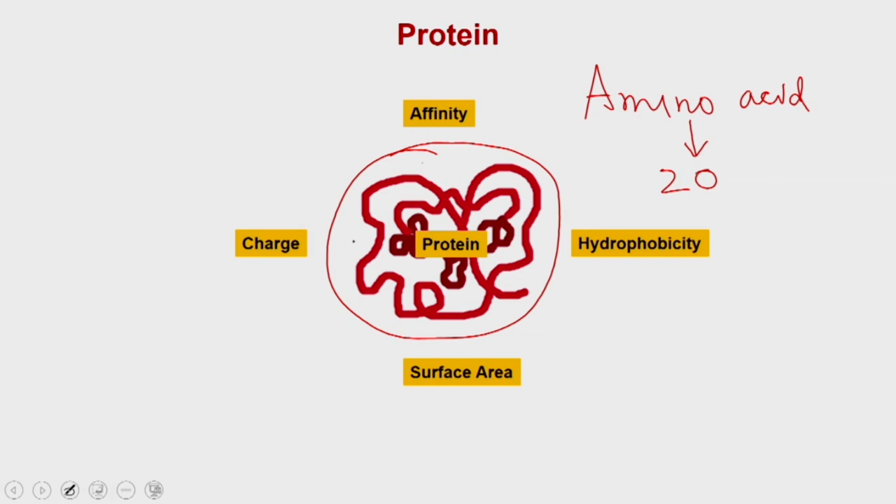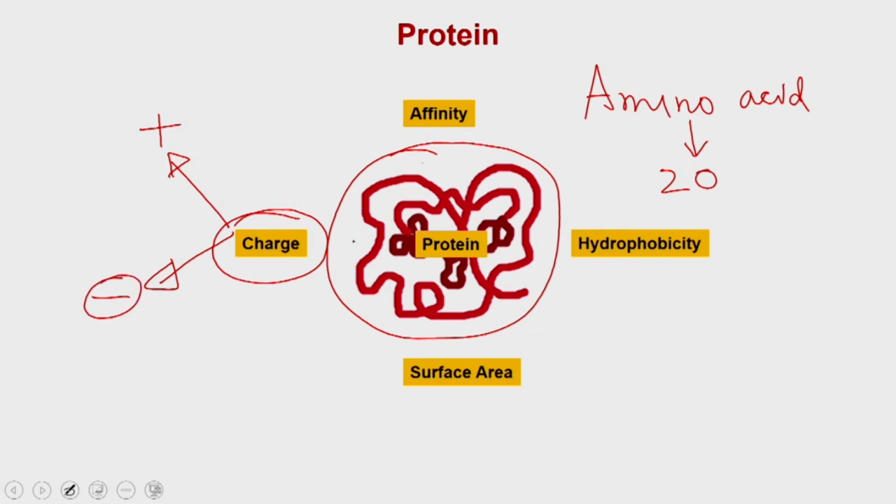A protein could have a charge. A protein could have negative charges, which means if it has acidic amino acids, it could have negative charges. If it has basic amino acids, it could have positive charges. So, the charge could be positive or negative.